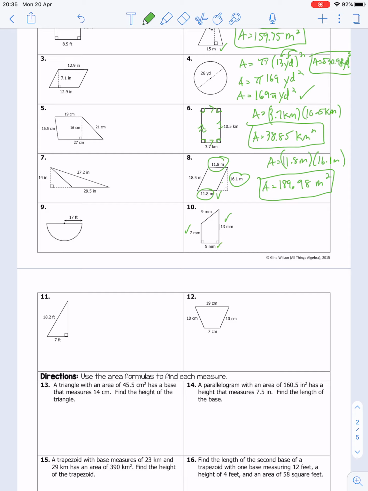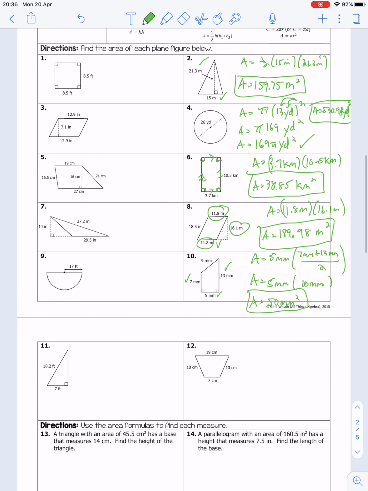So our area is going to be height times the average of our bases. So that's going to be 5 millimeters times 10 millimeters, which is going to be 50 millimeters squared. There we go.